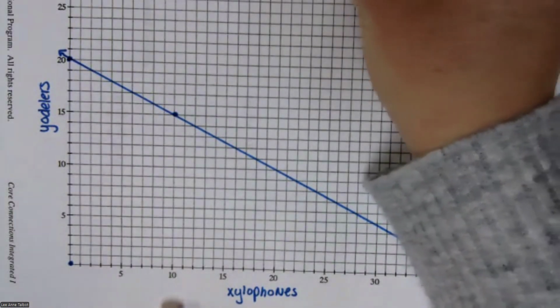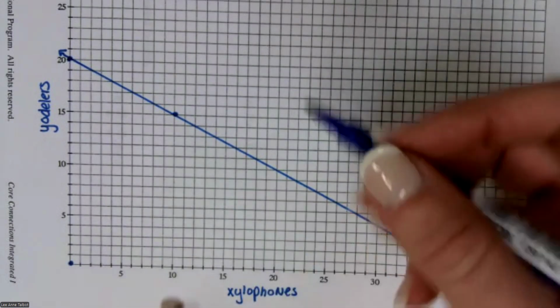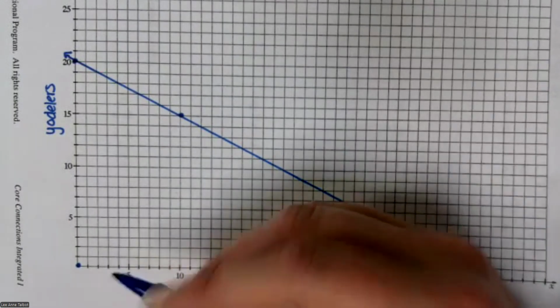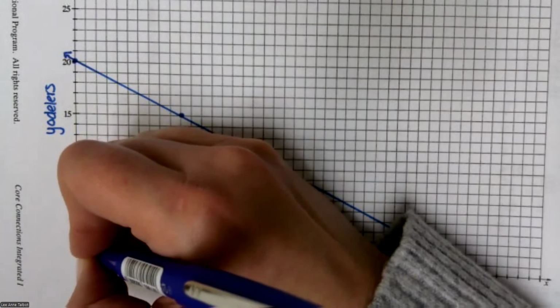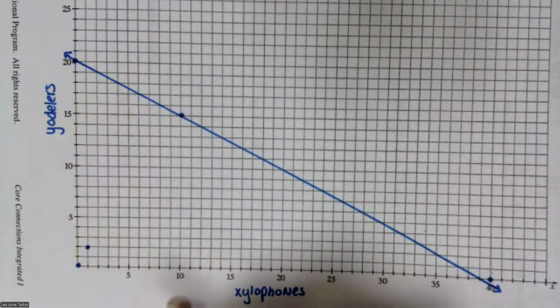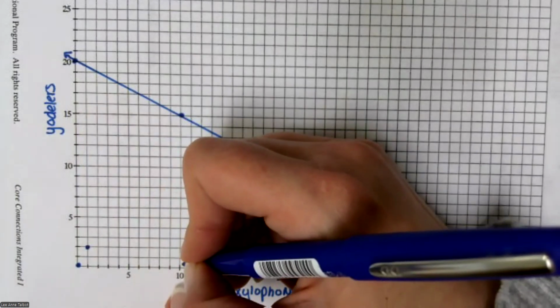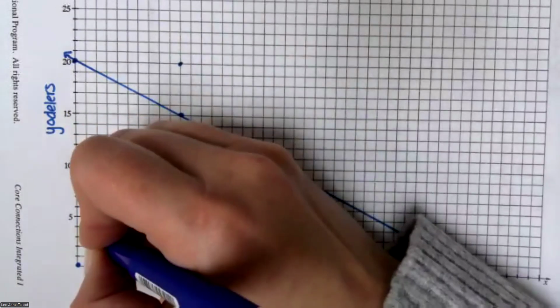What's the next point? 20, 40 is not on here. So what's the next point? 10, 20. Yeah. So what we can do is go 1, 2, and then use our slope. 10, 20 works. That should get us to there.